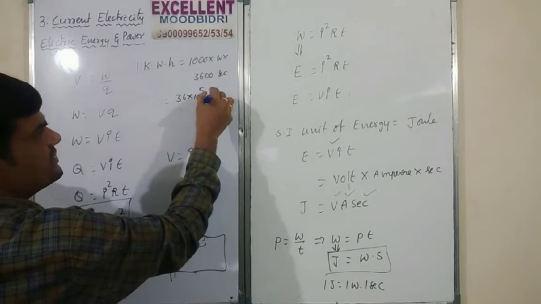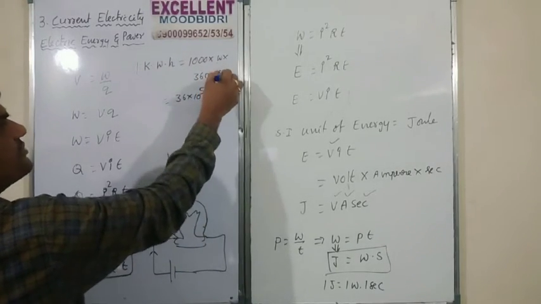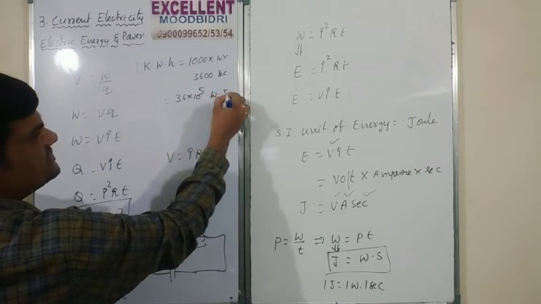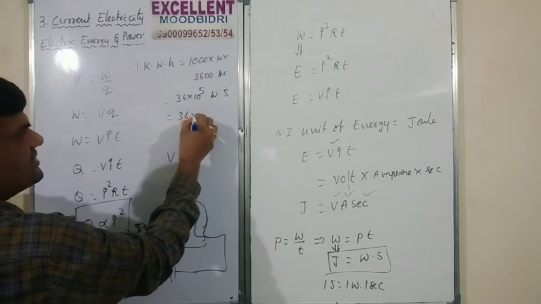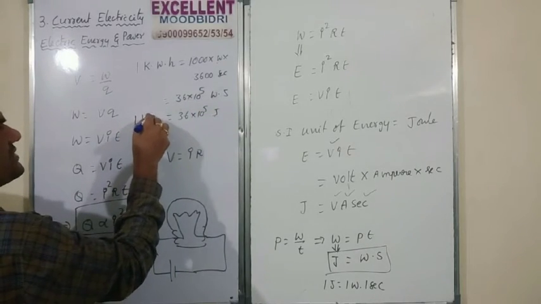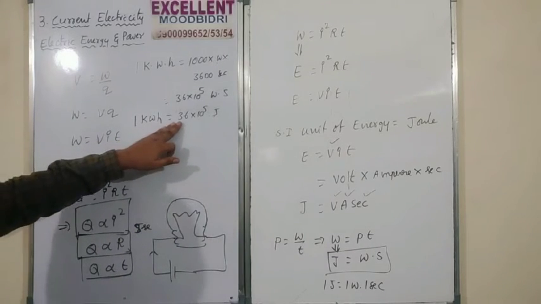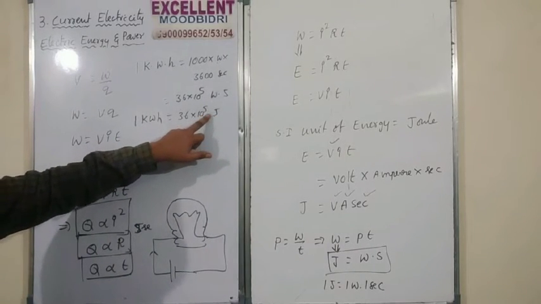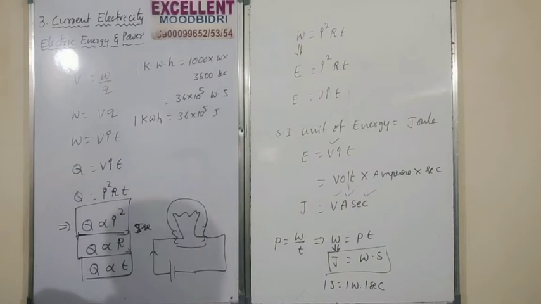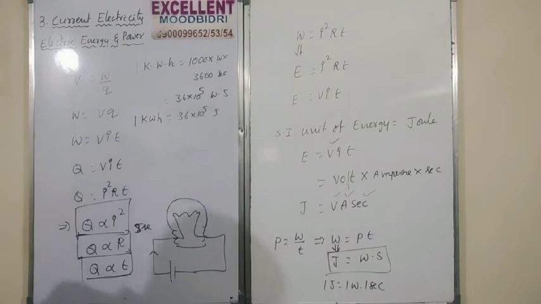Watt into second is nothing but joule. So 1 kilowatt hour is equal to 36 into 10 power 5 joules. That is the kilowatt hour relation. So this is the electrical energy.